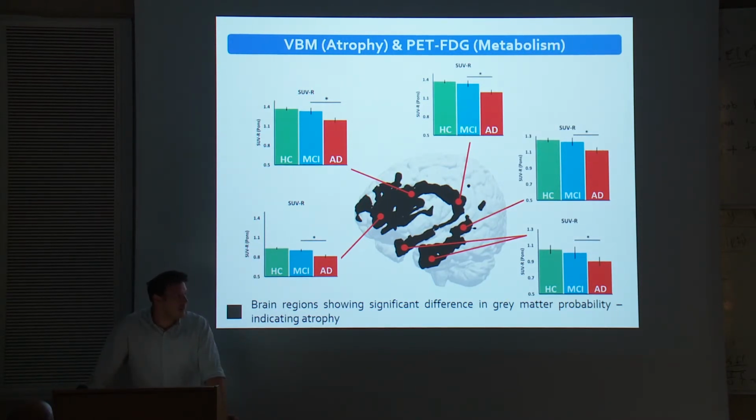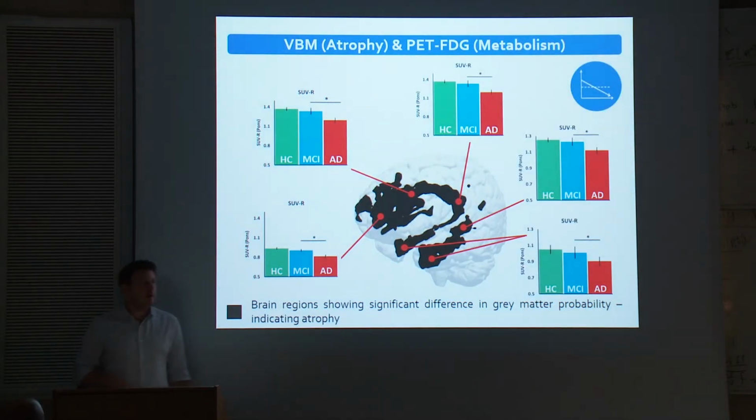We see again a decreasing trend, although not always significantly different between healthy controls and MCIs, but we do see a trend going from controls to Alzheimer's disease patients. Considering these two in the context of our previously mentioned hypotheses, we see that these two match our first hypothesis, referring to a monotonically decreasing process.